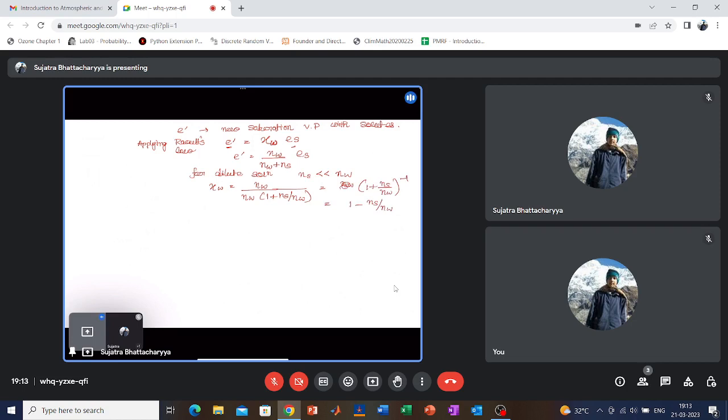Now this NW is nothing but the given mass of the water divided by its molar mass. And NS will depend on the degree of ionization: i times MS divided by capital MS, the given mass by molar mass of the solute, multiplied by the degree of ionization.